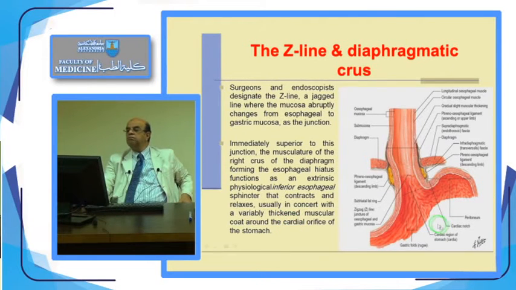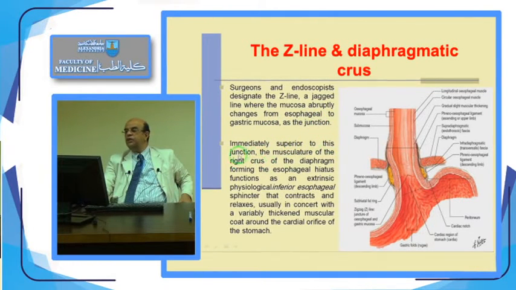So again, the surgeons and the endoscopists designate this Z line as a serrated line where the mucosa abruptly changes from esophageal to gastric mucosa, and they call this the junction, or the gastroesophageal junction.